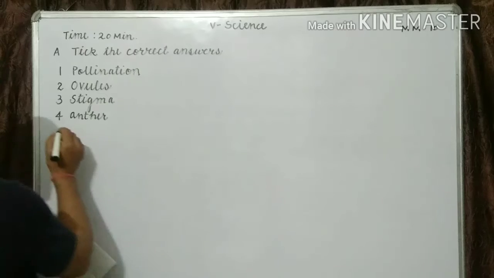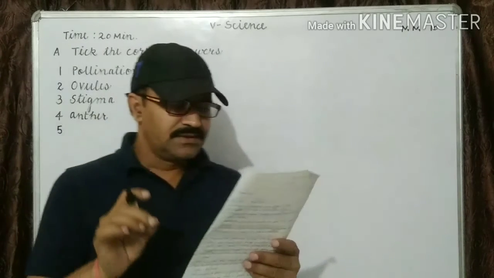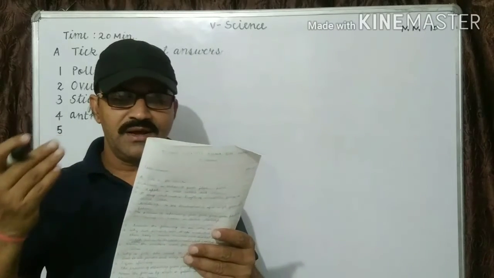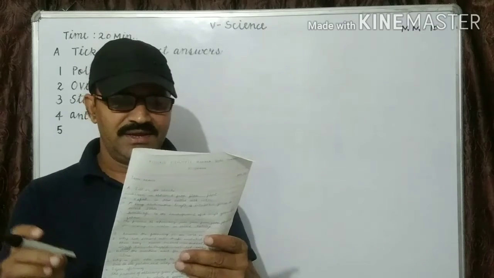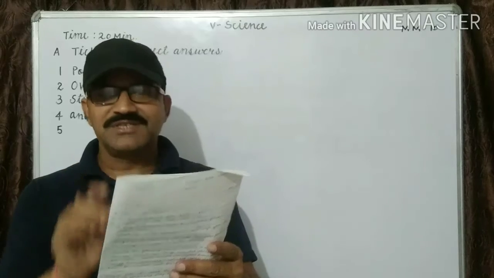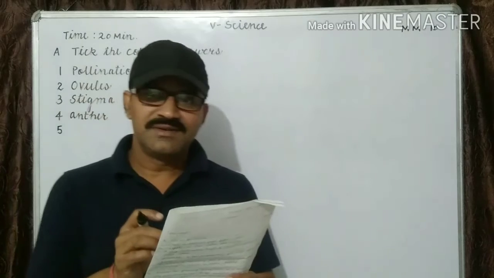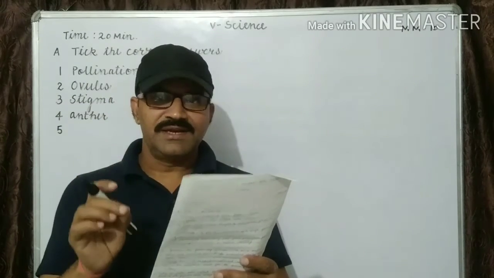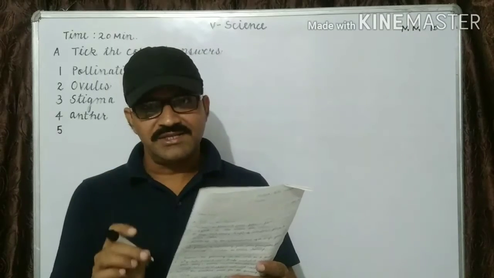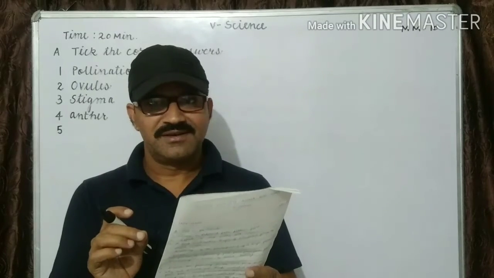Question number 5. The pollen grains of a flower A are transferred to the stigma of flower B of a different plant of the same species. This process is called, A. self-pollination, B. cross-pollination, C. fertilization or D. germination.